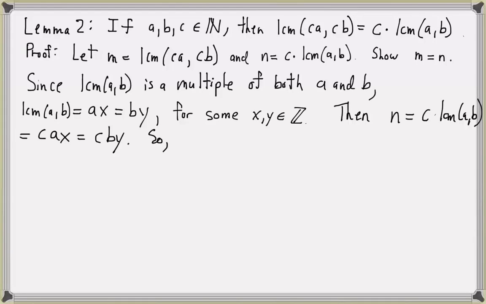So N is actually a multiple of both CA and CB.